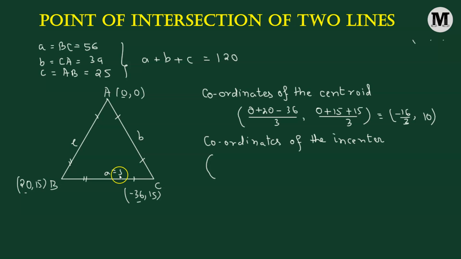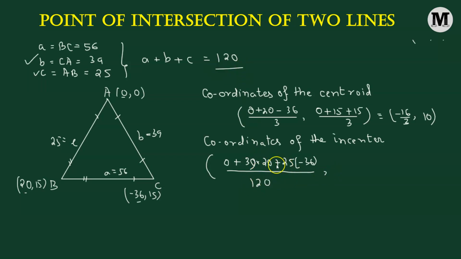Here a corresponds to 56, so 56 is going to get multiplied by the x-coordinate of A, which is simply 0, added to b. b we got as 39, so 39 is going to get multiplied by the x-coordinate of the vertex opposite to side b, that is B. That's 39 times 20, added to c. c we obtained as 25, so 25 is going to get multiplied by negative 36, whole divided by a plus b plus c. We already obtained the sum as 120.